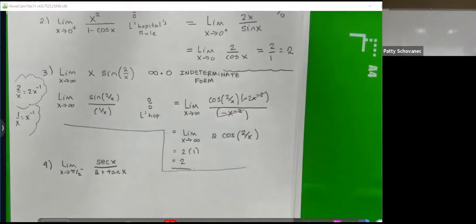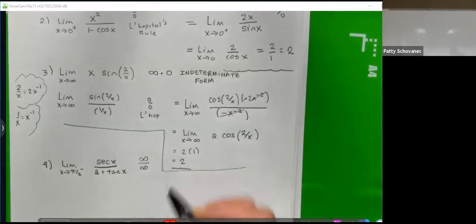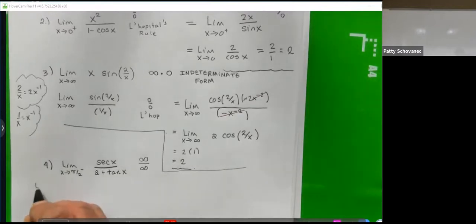So in either of those, the cosine's in the denominator, and cosine of pi halves is 0. If you have 0 in the denominator, then things become infinitely large. So this behaves like infinity over infinity. That's the other form that lets us use L'Hopital's rule. So I want you to take the derivative of the top and divide it by the derivative of the bottom. And let's see what we get.